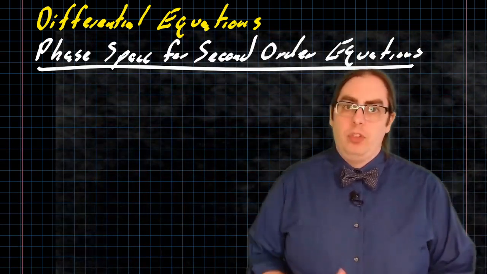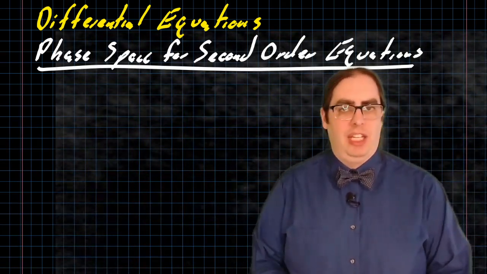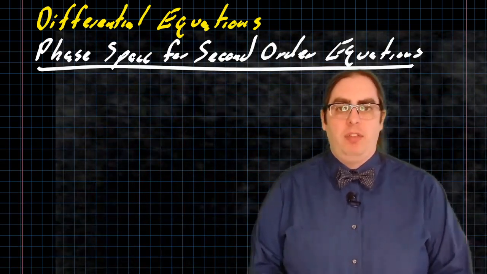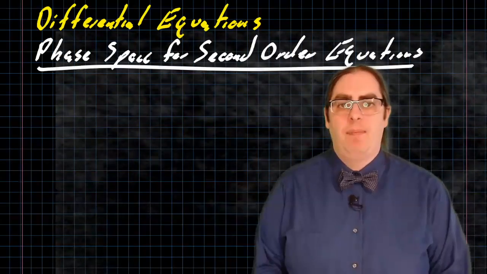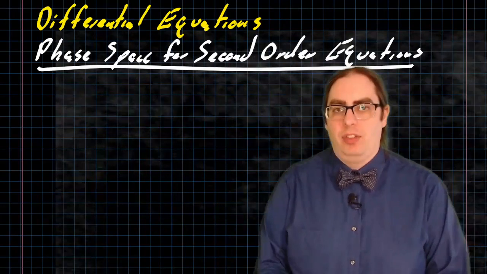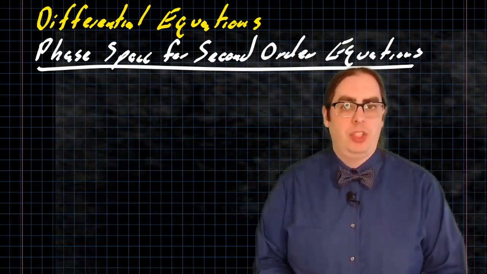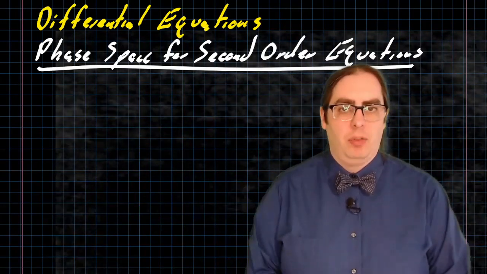When it comes to second-order differential equations, my application is kinematics. x of t is the position of an object at time t, x prime of t is the speed of the object, x double prime of t is the acceleration of the object at time t, and we let things continue from there.